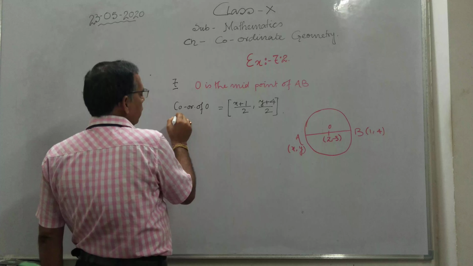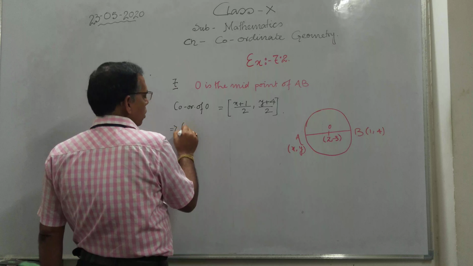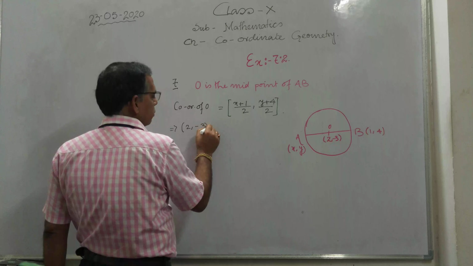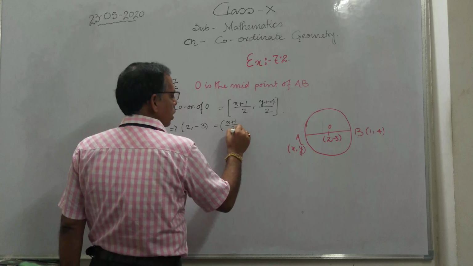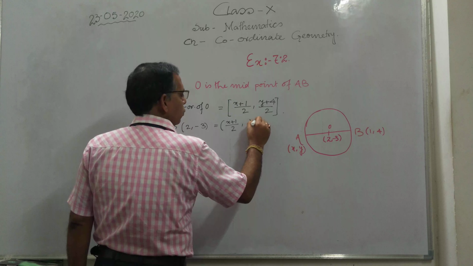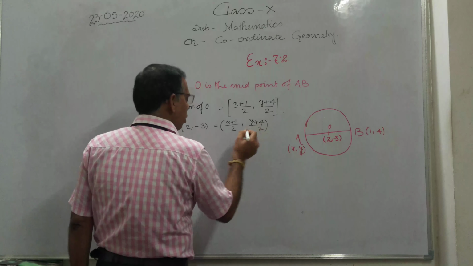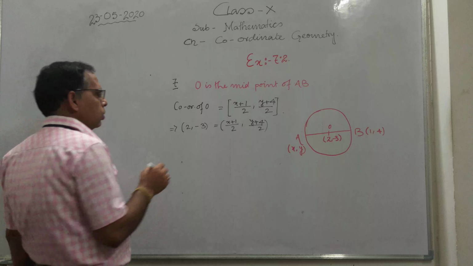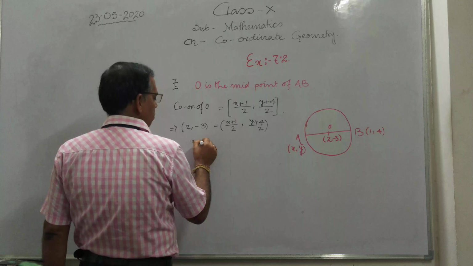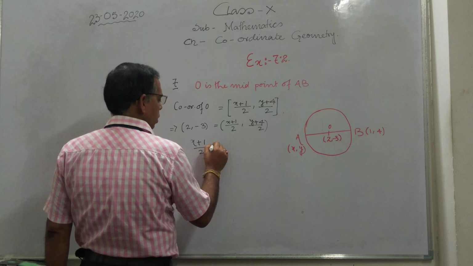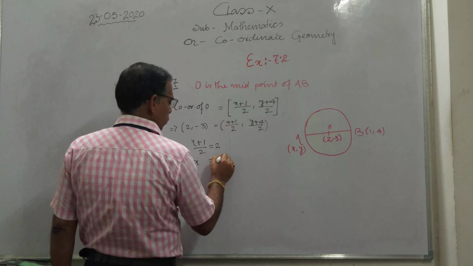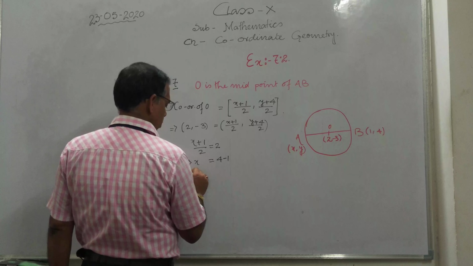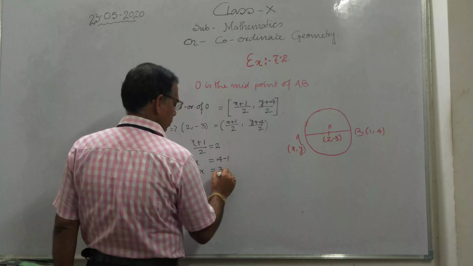Now this coordinate is already given. What is that coordinate? This coordinate 2, minus 3 equal to x plus 1 by 2, y plus 4 by 2. Now you compare same as the previous one. Just compare both sides. So x plus 1 divided by 2 equal to 2, and then x equal to 4 minus 1, implies x equal to 3.